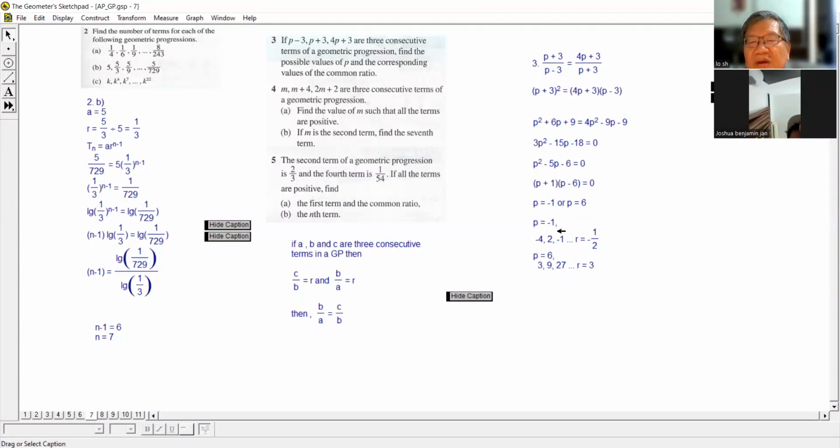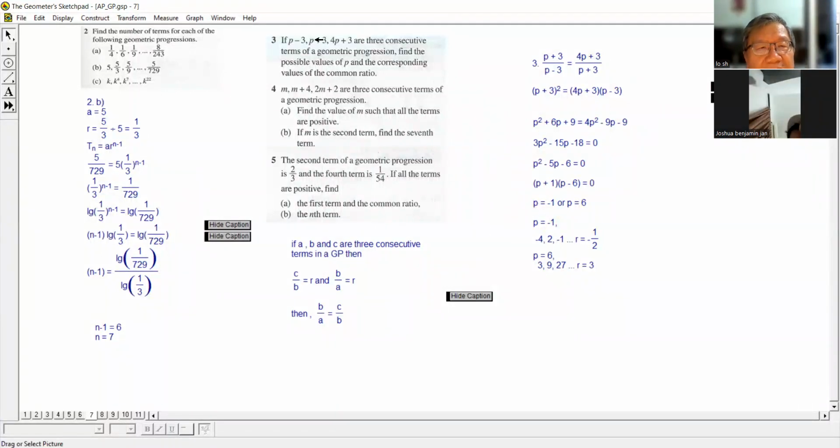P is found already. So if P equals -1, I put it back here: -1 minus 3. What do you get? P minus 3 is -1 minus 3, which is -4.